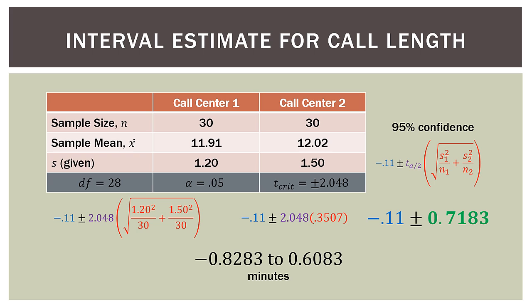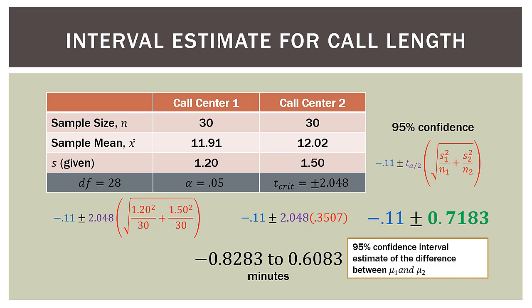So if we go ahead and do that math out, our interval estimate for the difference in these two call centers, as far as their time differences, is anywhere from negative 0.8283 minutes all the way up to 0.6083 minutes. And that is the 95% confidence interval for the difference between the average call lengths of these two call centers. That is a confidence interval for the difference, and the fact that it spans that interval will be very important, as we'll see here in a second.